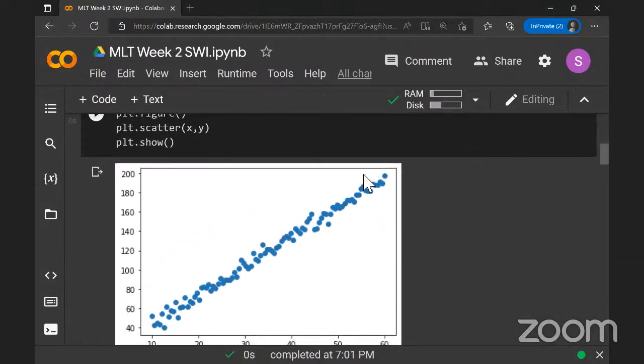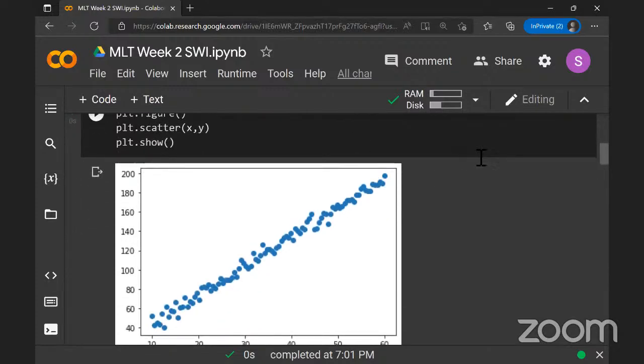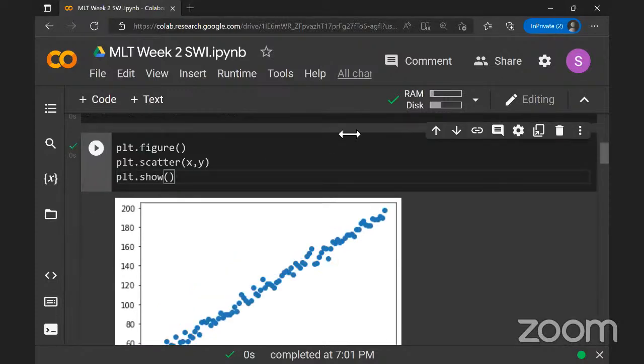So the highest point would be a bit lower than 200 or around 200, depending upon how much noise is added. So this is our data. Kanika has also pasted an answer. Any questions so far?